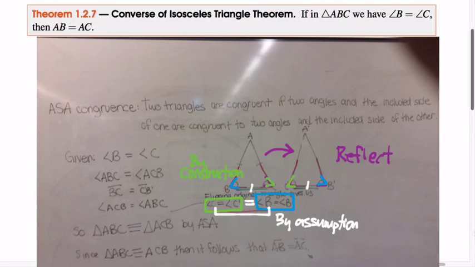And that allows us to say that the entire triangles are congruent, and then again, we end up making the argument that AB and AB prime are congruent, again, by construction. Ditto with AC and AC prime, congruent by construction.